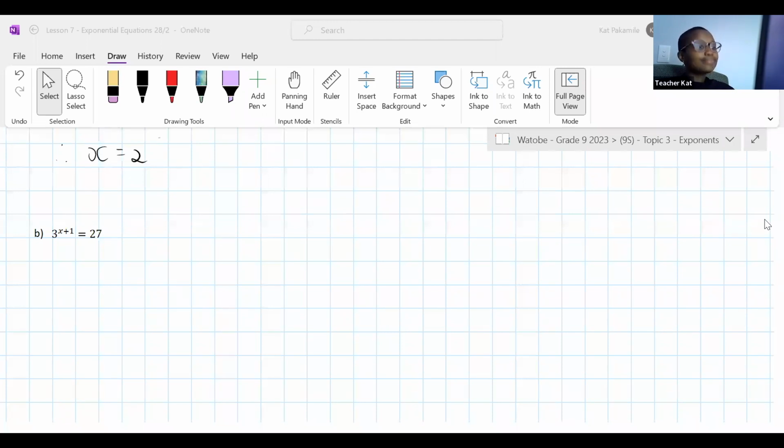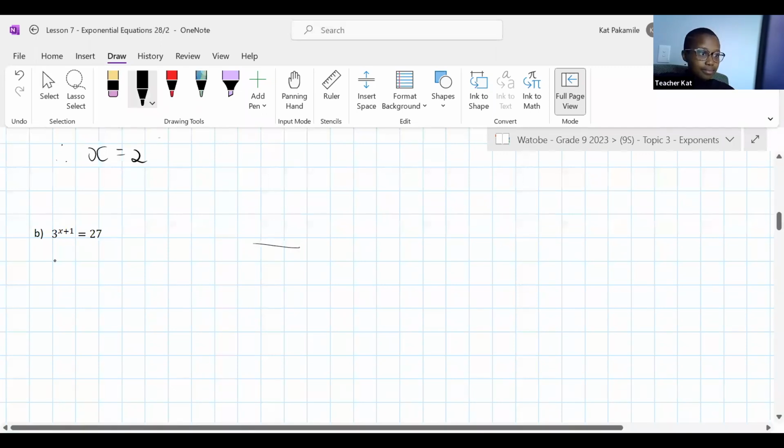Hi, ma'am. Let's do this together. First, ma'am, you can use the ladder method to find the prime factors of 27, which is going to give you 3 to the power of 3. So I keep this side: the exponent equals 3 to the power of 3.